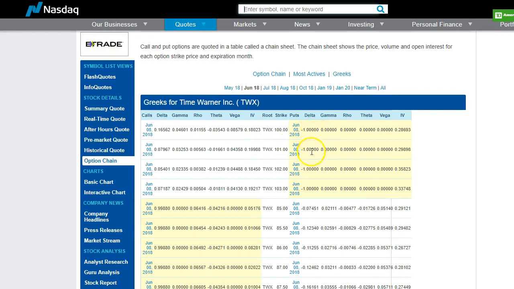I see delta on the call side, delta 10. See, it jumps from 7 to 16. So you can do either one, probably this one. On the call side, I'll probably take a 100. On the put side, delta 10.